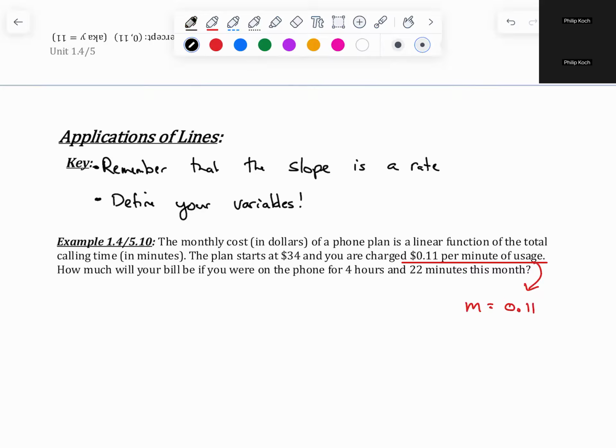So we're going to let X equal time in minutes and Y equal money. It does not need to be some super long, drawn out thing where you write it in full English. As long as you have a way to understand what X and Y represent, that's fine.